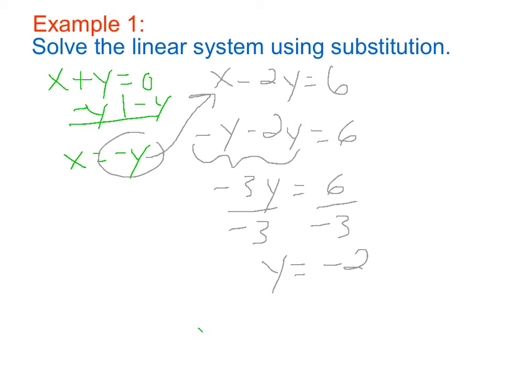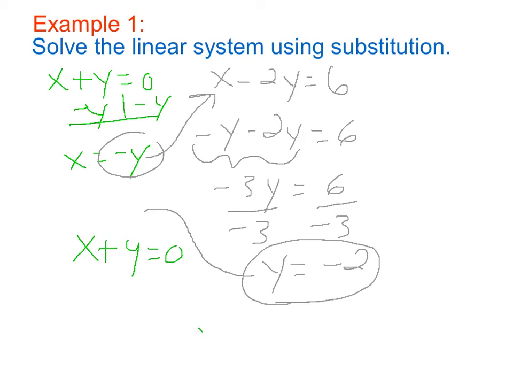I'm going to go back to the original equation. In green, we have the x plus y equals 0. And I'm going to take this value and plug it in for y. So that now we have x plus negative 2 equals 0.